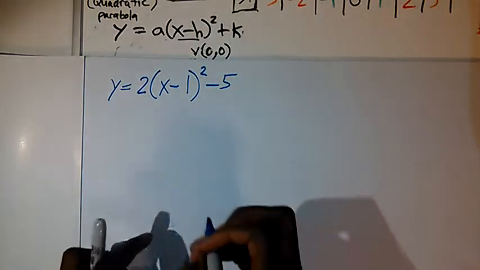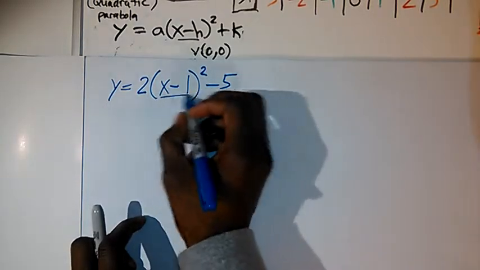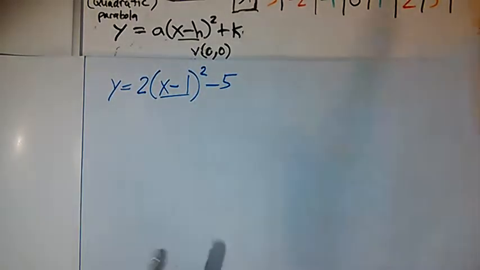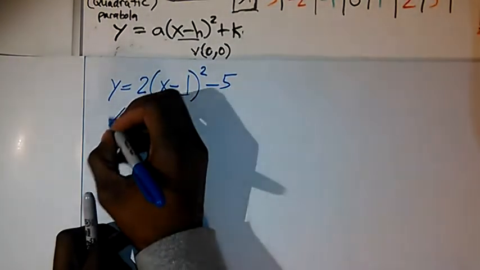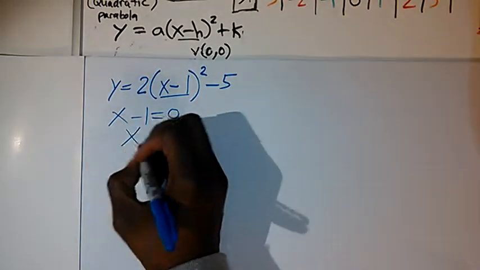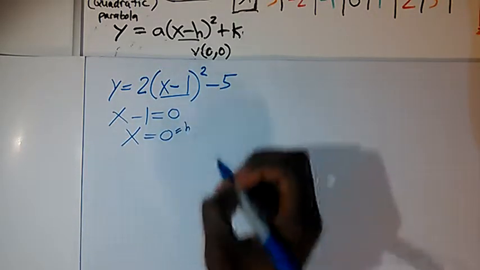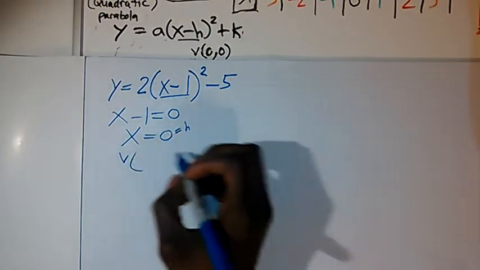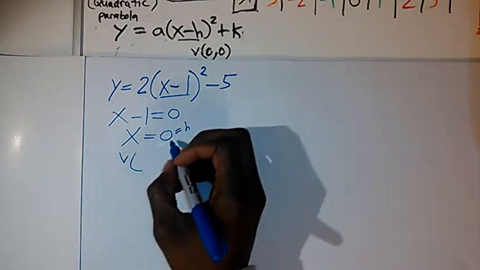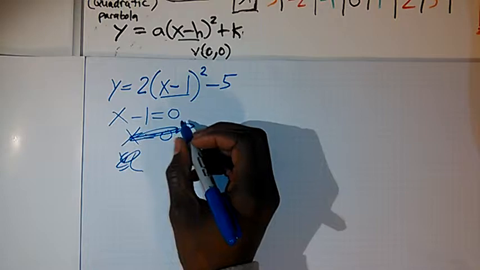And look, we do the same thing as before. First, we need to find the vertex. So we see this, we take it out. Oops. x minus 1, set it equal to 0.